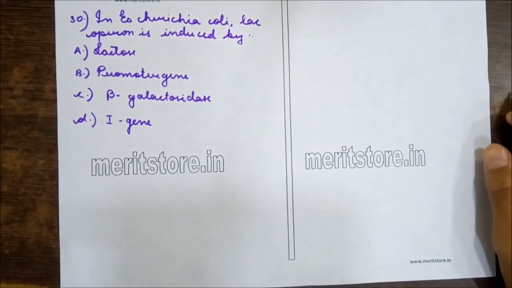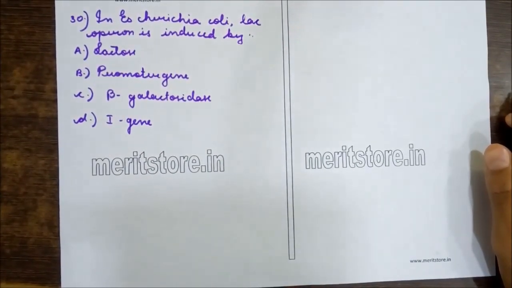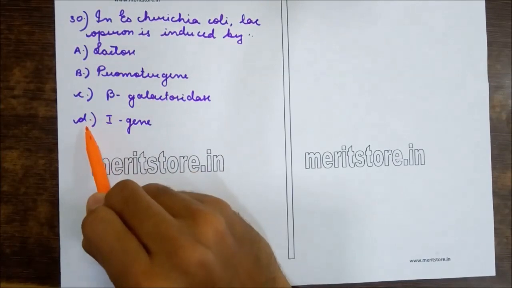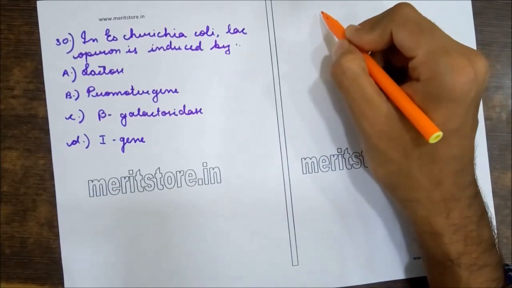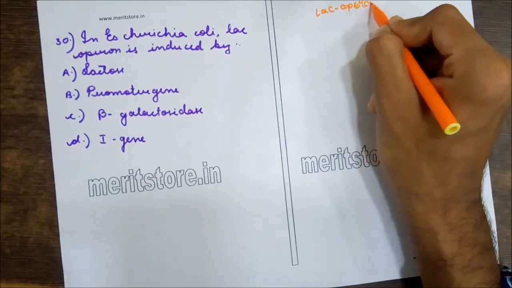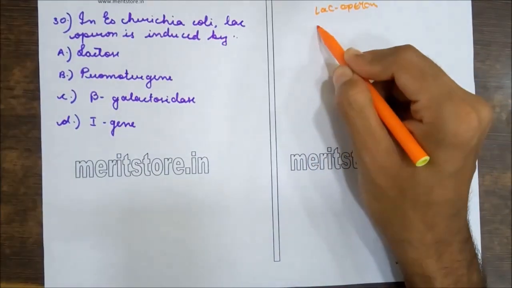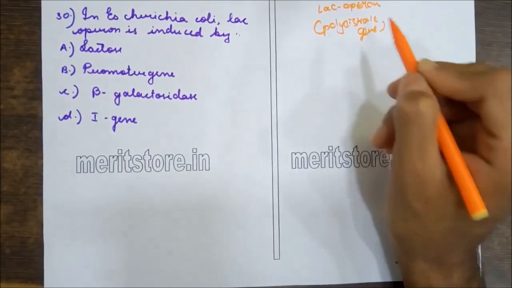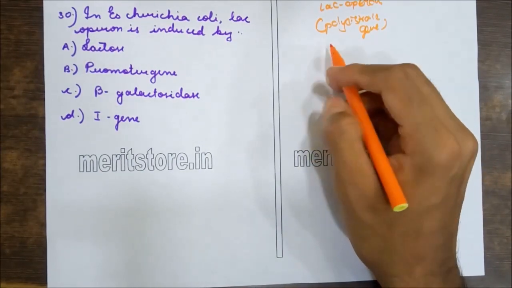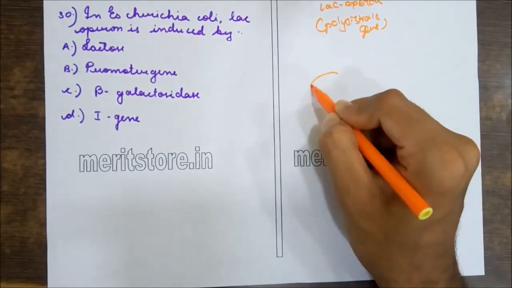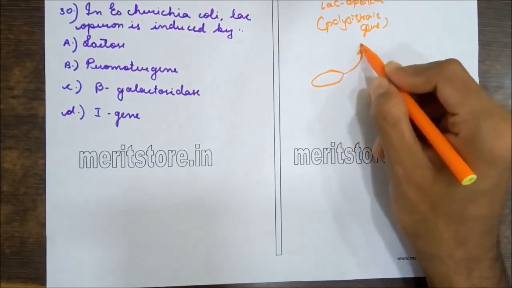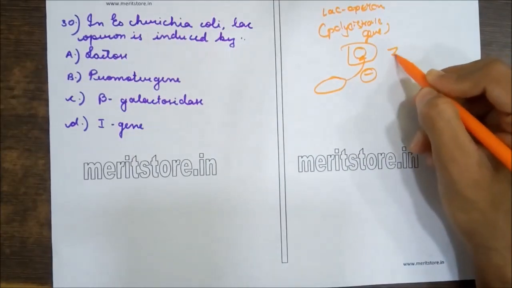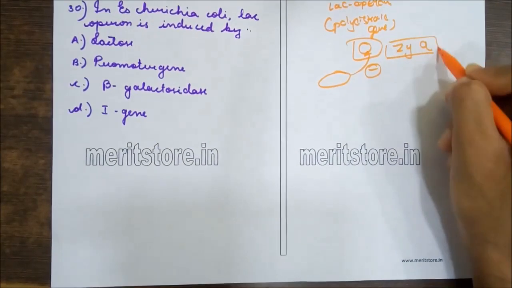Question number 13. In Escherichia coli, lac operon is induced by A. Lactose, B. Promoter gene, C. Beta galactosidase, and D. I gene. First of all, lac operon is nothing but a polycistronic gene, where the repressor binds to the operator part to inhibit the synthesis of structural proteins by Z, Y, and A genes.